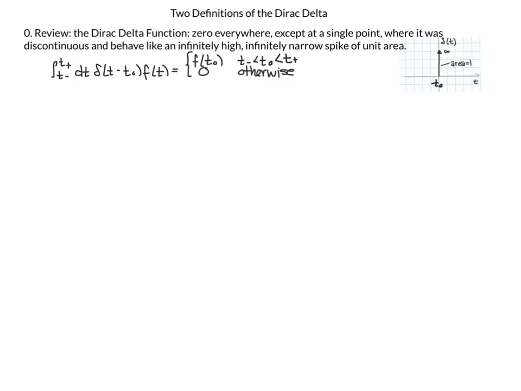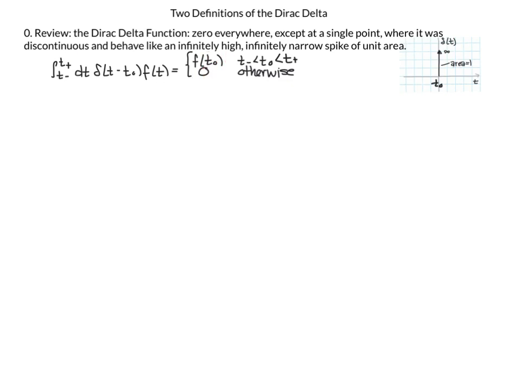If you think about it, it makes sense, because if you include t naught, the area of the Dirac delta is equal to 1, so you get 1 times f of t evaluated at t naught, which gives f of t naught. If you're not at t naught, it gives you 0. This is the only place that contributes any area.